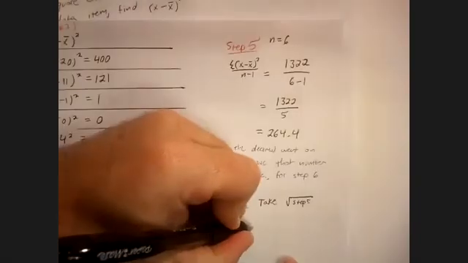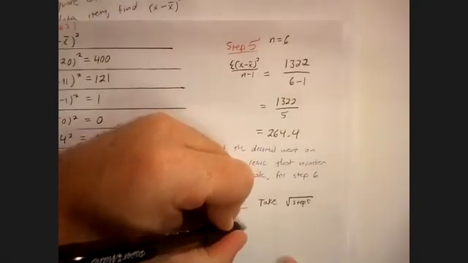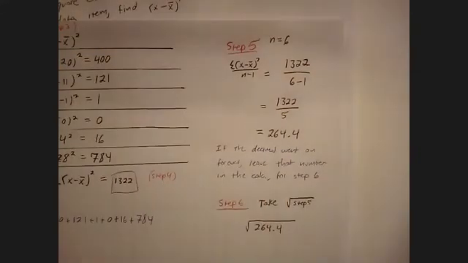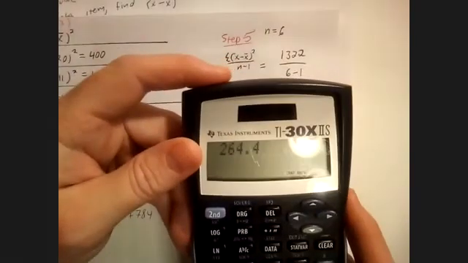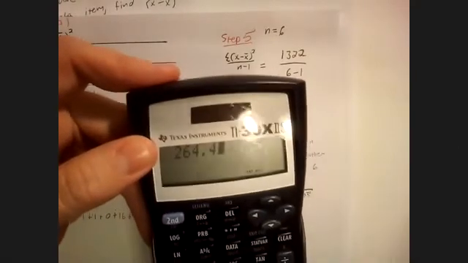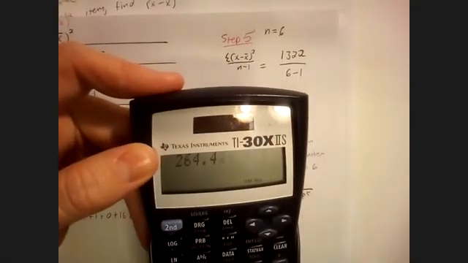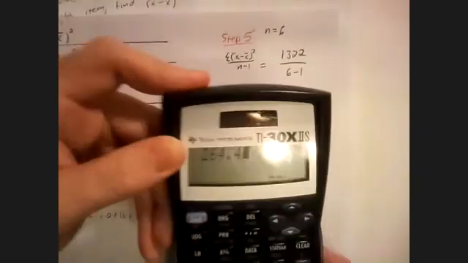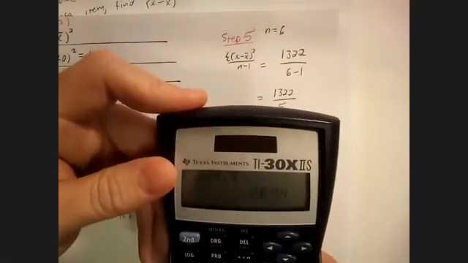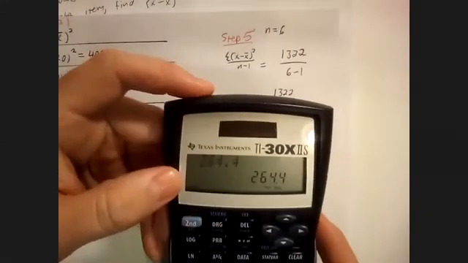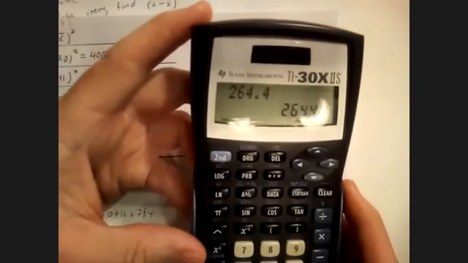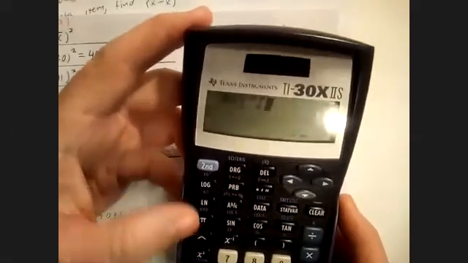Okay, so the square root of 264.4. And I'm going to show you, if that number is already in your calculator, how I can do the problem, step 6, without having to retype square root of 264.4. Okay, so if you're here, all right, there it is. I'm going to push the second button. Where that caret button is, down here, we do square root.